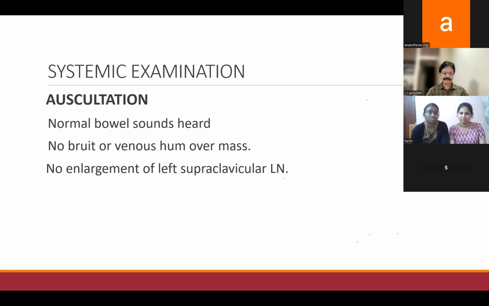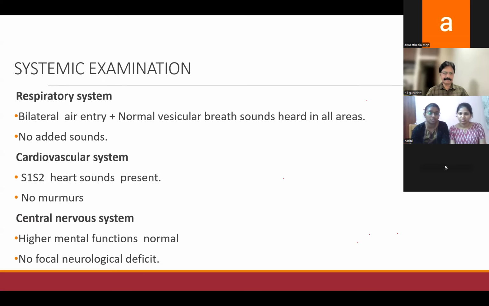Systemic examination: on auscultation, normal bowel sounds heard, no bruit or venous hum over the mass, no enlargement of left supraclavicular lymph nodes. Respiratory system: bilateral air entry present, normal vesicular breath sounds heard in all areas, no added sounds. Cardiovascular system: S1, S2 heart sounds present, no murmurs.